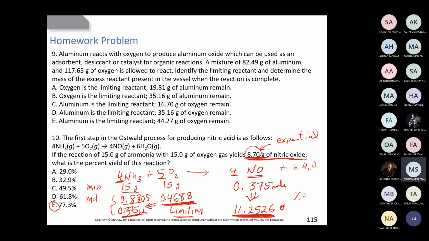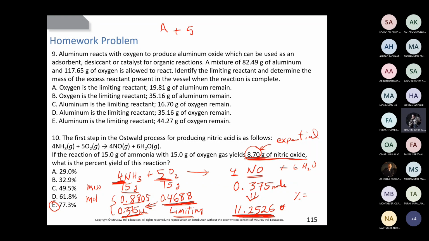I got the same answer. Are you sure? Yes. Doctor, I have a question. Why did we divide by 5 and multiply by 4 the 0.4688? Because of these 5 and 4. Didn't we say for any reaction A plus 5B, if I want to know A, how many do I have?